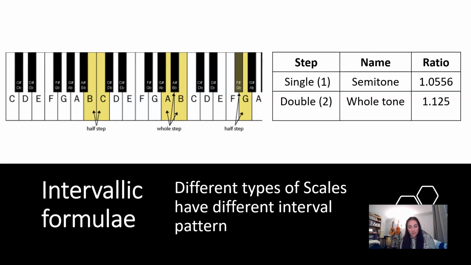So if I take the frequency of the D, 288, and divide it by the C, 256, I don't know if you can see my calculator. See, I divided it. There it is, 1.125. That's what I mean by the ratio. I don't have one example for the semitone at the moment.